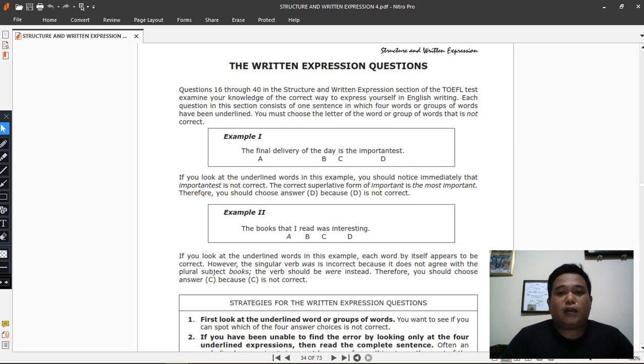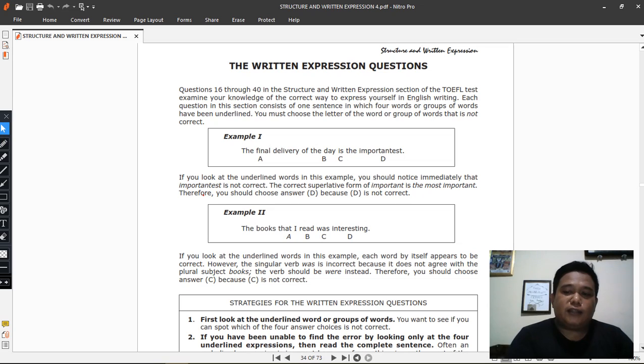Important has three syllables, so it is incorrect to say importantest, but it will be correct to say the most important. So D is wrong.